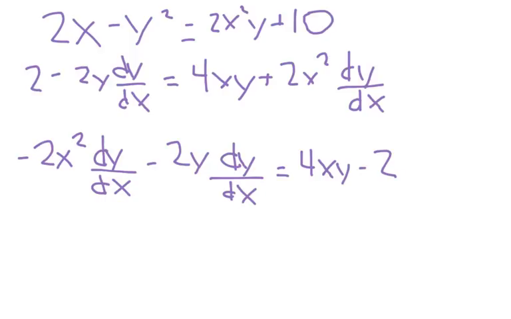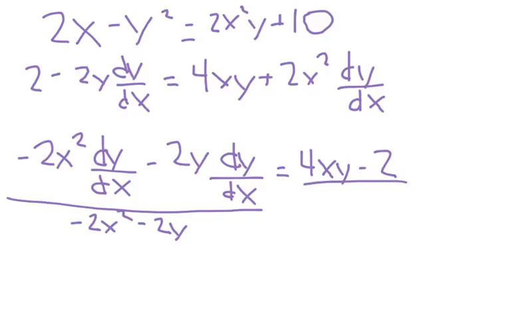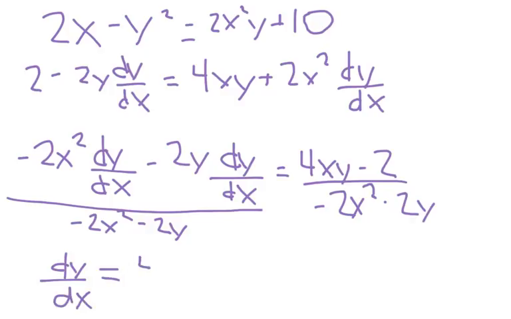Next, you just want to divide by negative 2x squared minus 2y to get dy over dx by itself, and you do that to both sides, and you get dy over dx equals (4xy minus 2) over (negative 2x squared minus 2y), and then that simplifies when you divide, because you have 2's in common.